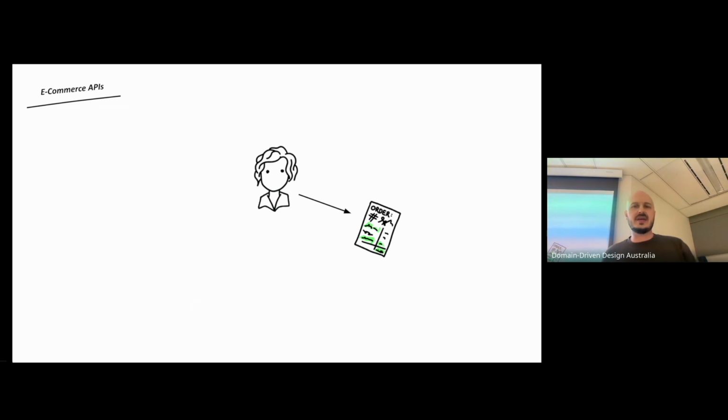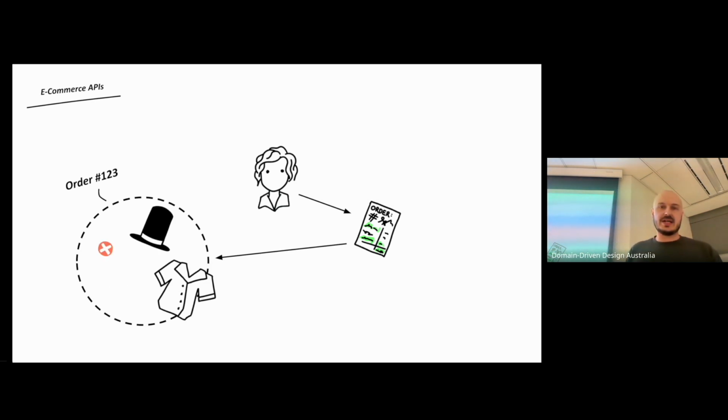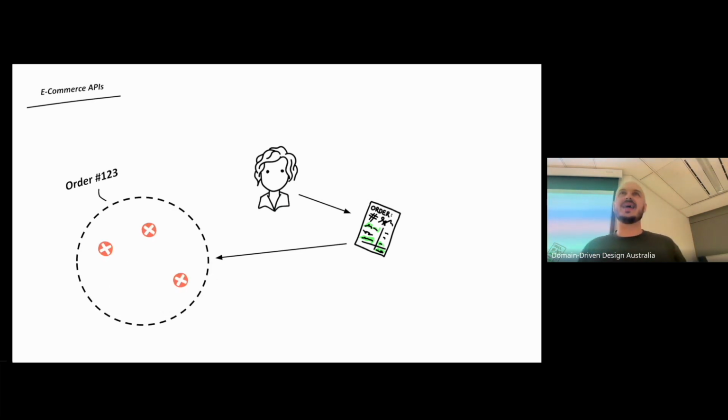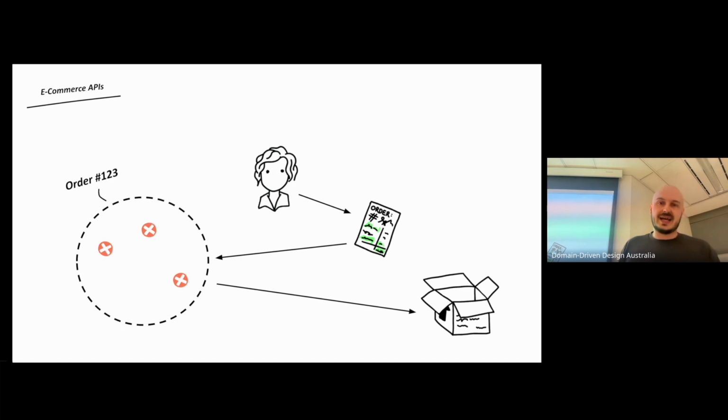The store manager has been using your new update order endpoint to gradually remove all the items from an order. But unfortunately, the order, in a sense, still exists. And our heavily automated warehouse honors that order and ships it on out.